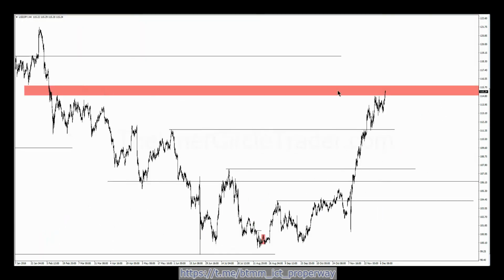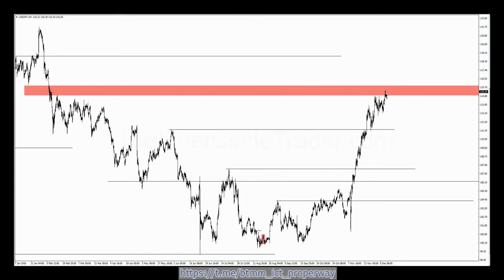Okay, all through here, and ultimately trades up into that monthly fair value gap. Once we cleared this high here and we cleared this high here, we came back and created a gap. We created a gap here, came down and closed in the gap, and then ultimately aggressively ran right up into that monthly fair value gap.